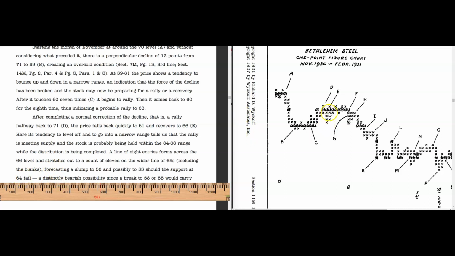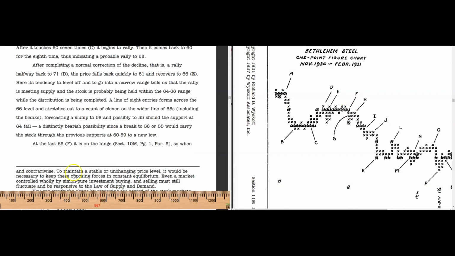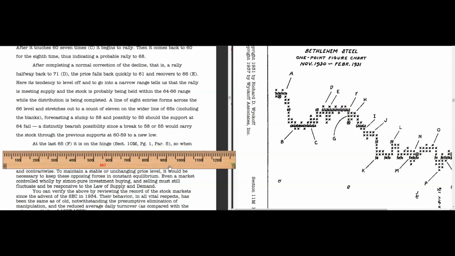So underneath the 65. At the last 65, it is on the hinge, meaning what? Dead center, narrow range, ready to puke.